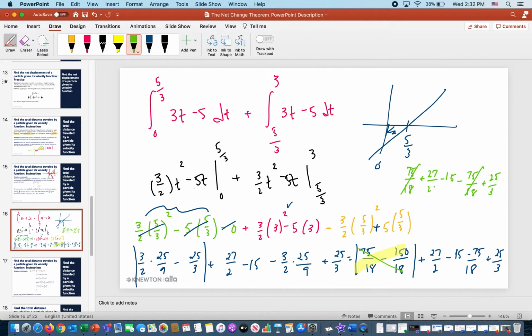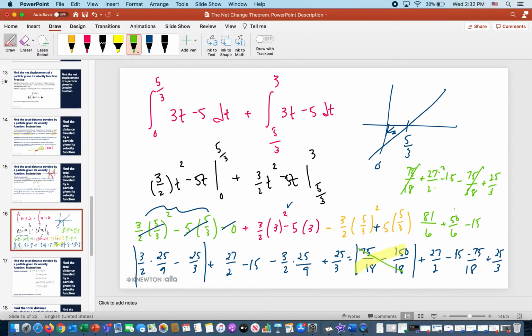So I'm going to get a common denominator. I'm going to multiply the bottom here by 3 and the top by 3. So 27 times 3 is 81. So 81 over 6 plus 50 over 6 minus 15. Again, we're working with these fractions, getting the common denominator.